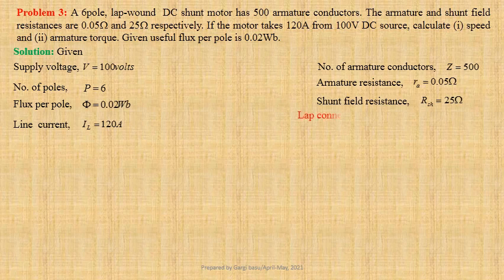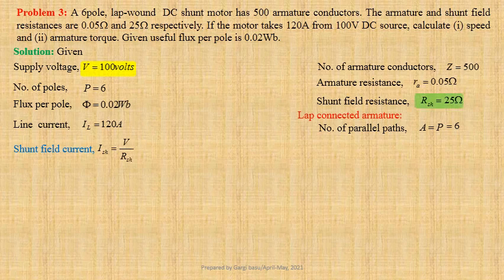For a lap connected armature, number of parallel paths A equals P, that is equal to 6 for this motor. Let us now calculate shunt field current. ISH equals V by RSH.